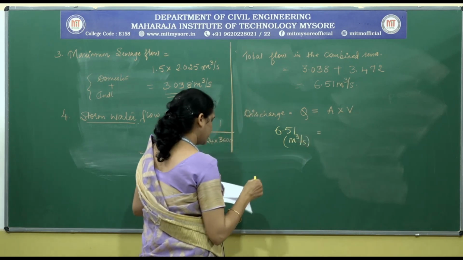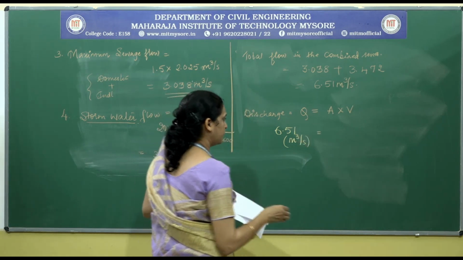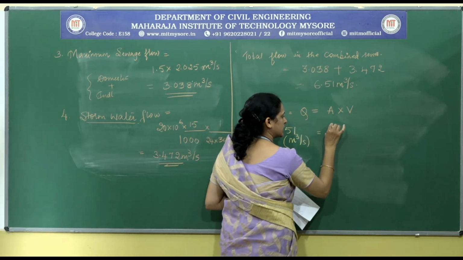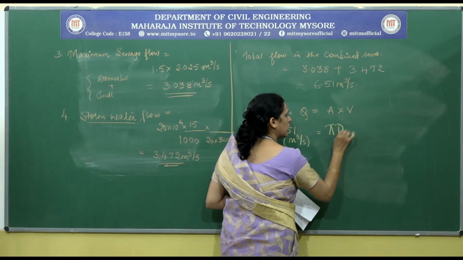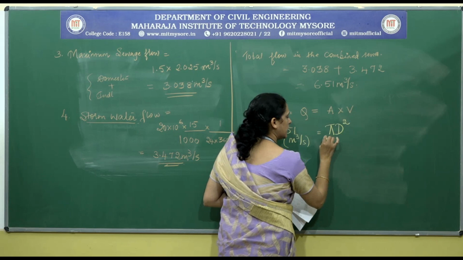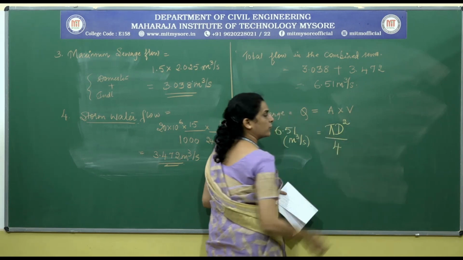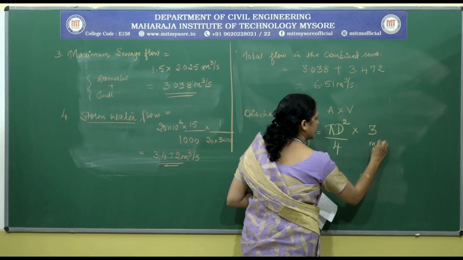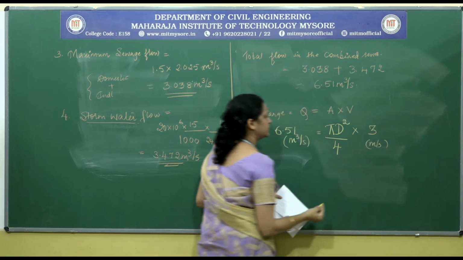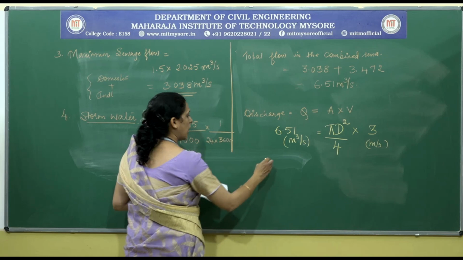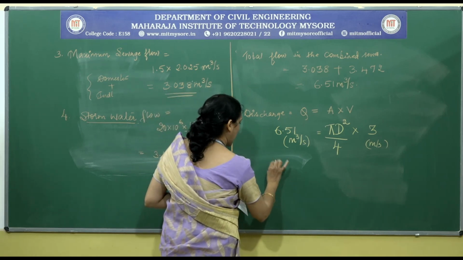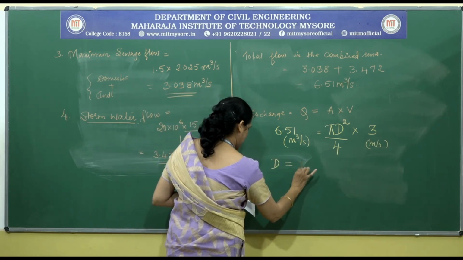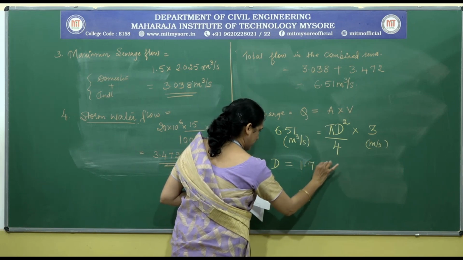I know the value of area. Since it is a circular sewer running full, I am considering area as pi D square by 4, into velocity is 3 meter per second. So now upon simplification, I get the value of D as 1.7 meter.